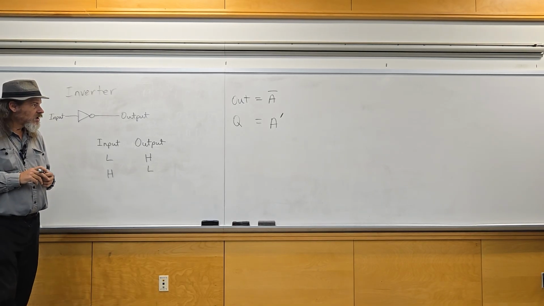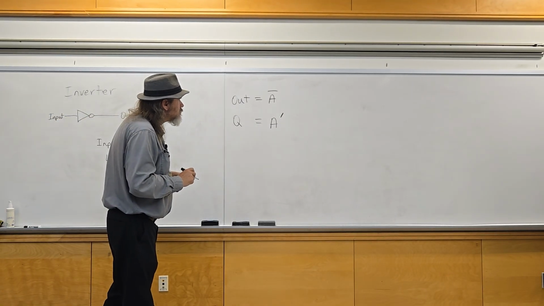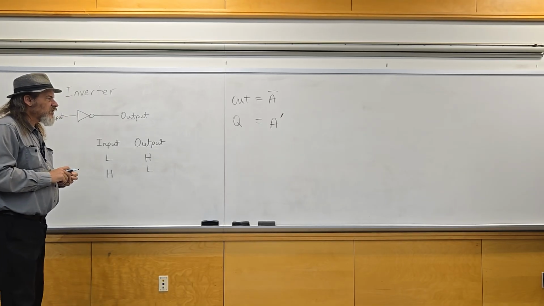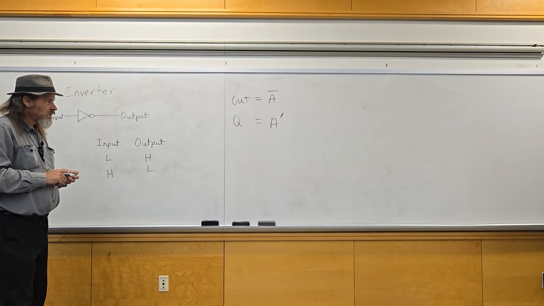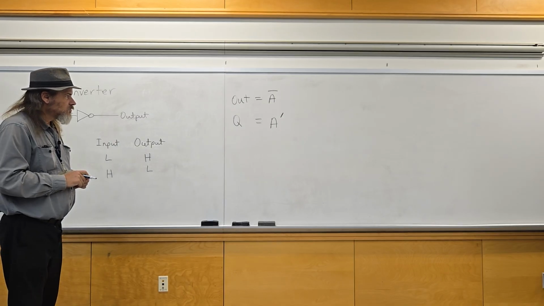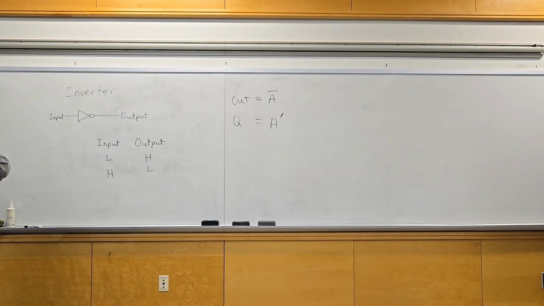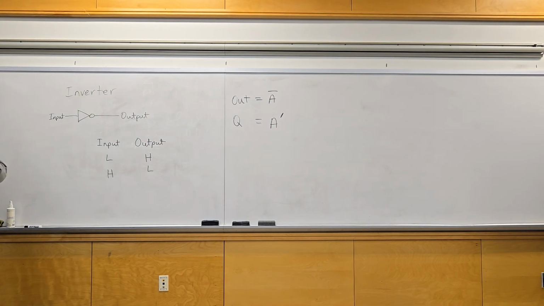So that's how you would express it in a logical expression. As we learn the other gates, we'll get into more complicated expressions and how to link them all together.